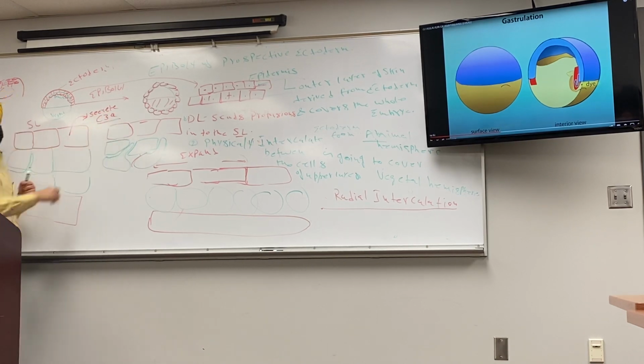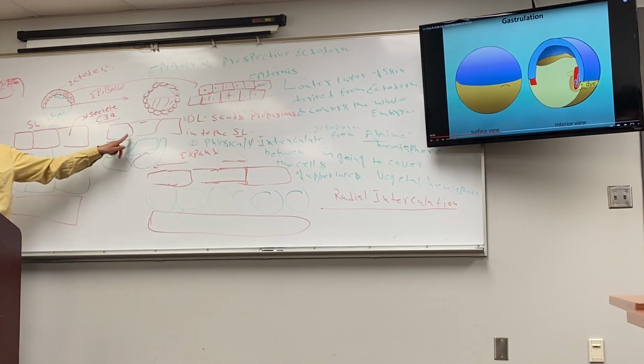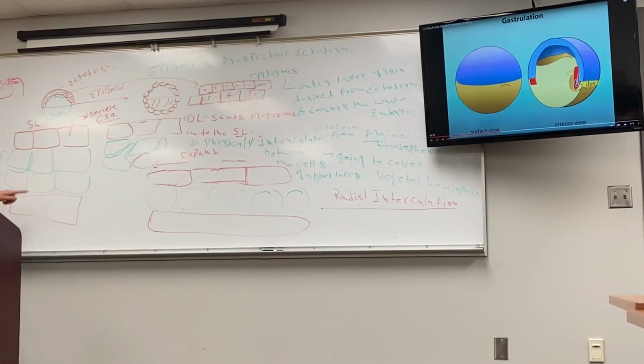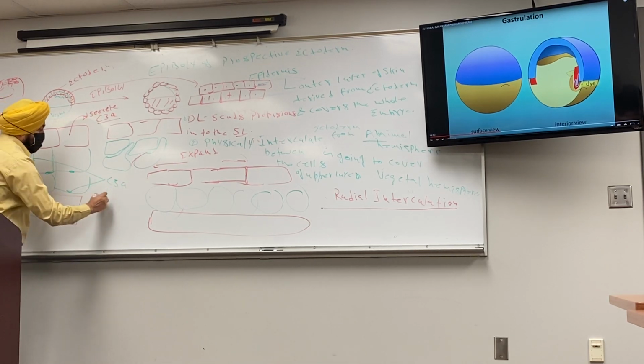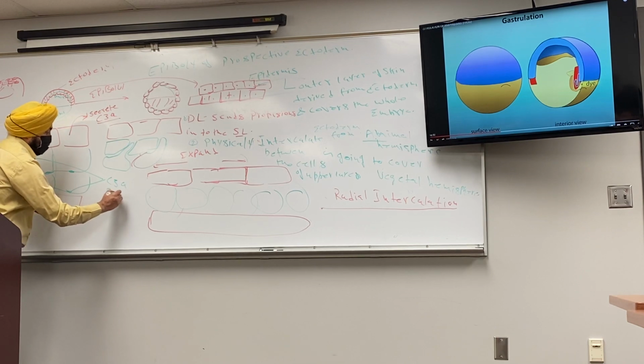They secrete C3A, and that C3A can act as a chemoattractant molecule. If that has to act as a chemoattractant molecule so that these deep layer cells can move up, then that means these cells should have a receptor. So these cells all express the C3A receptors.